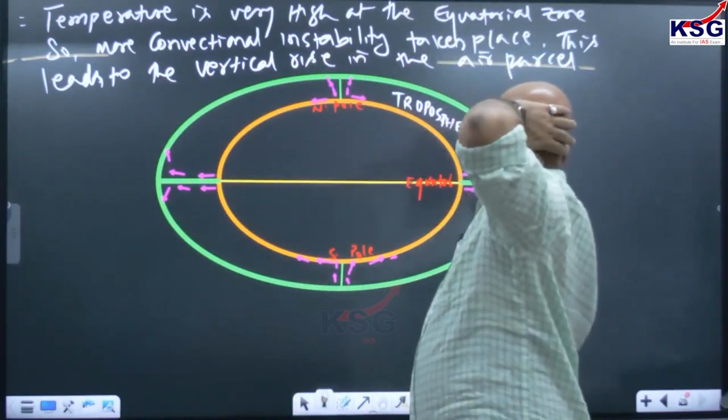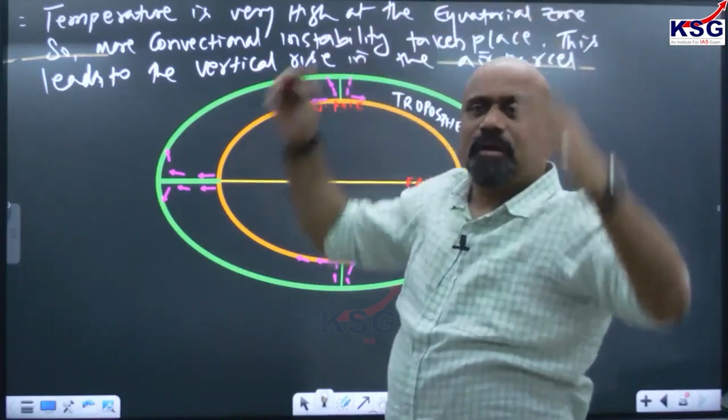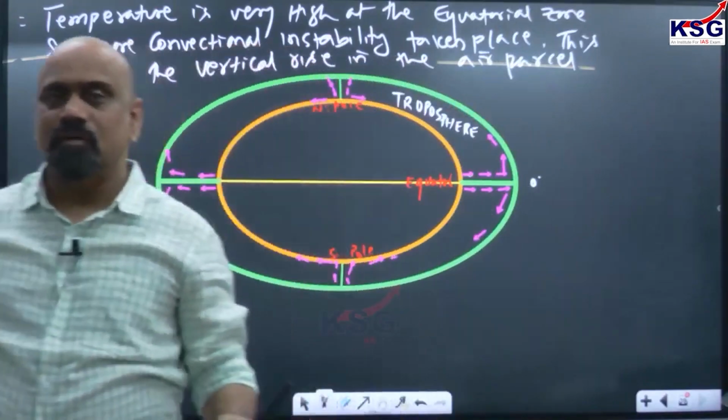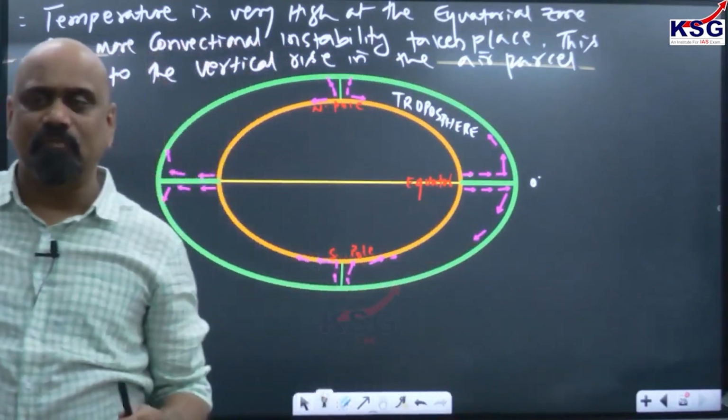At the equator it is 0 degree, and 90 degree at the pole.